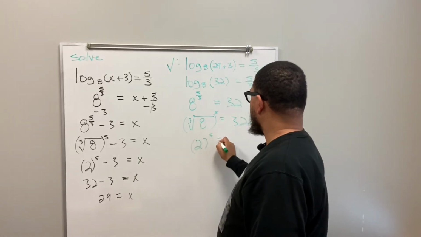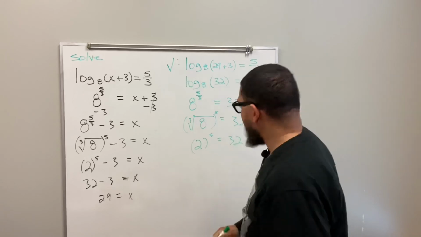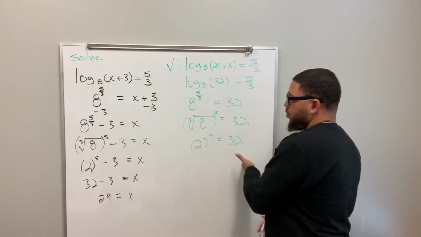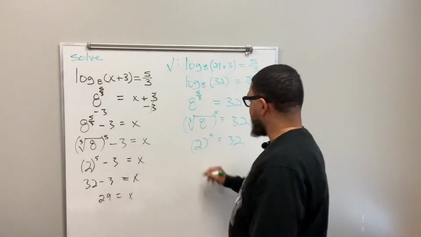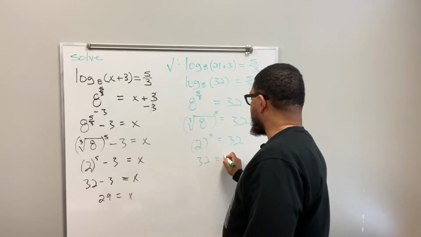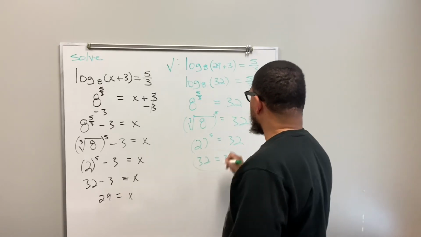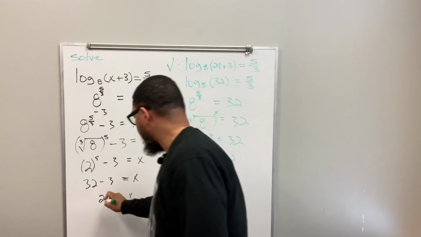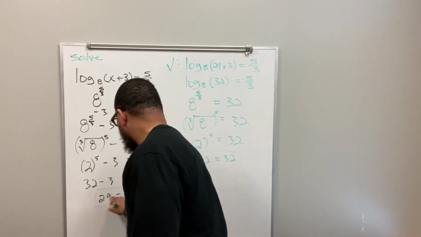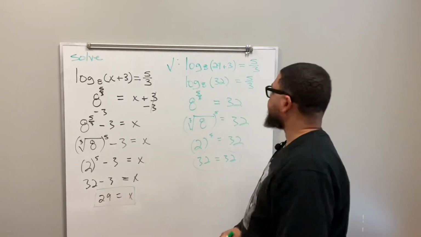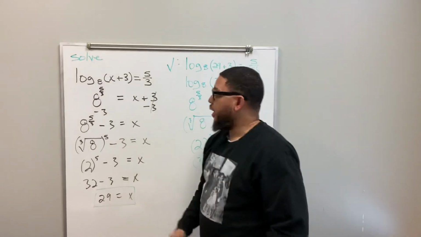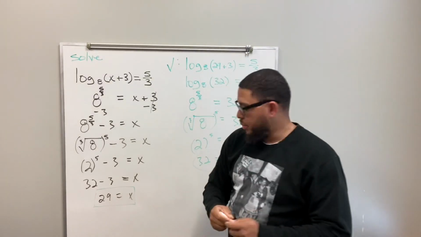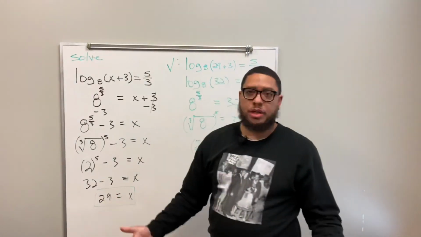And then that's 2 to the 5th. And 32 equals 32. Now does 2 to the 5th equal 32? Yes, it does. 32 equals 32. So that's proof right there that 29 equals x. All right? And that's an example of how we deal with logarithmic equations.